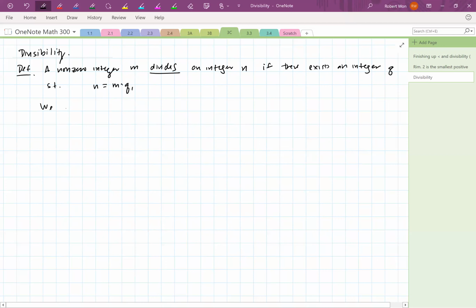We say that m is a divisor, or sometimes a factor, of n. We say that n is a multiple of m.